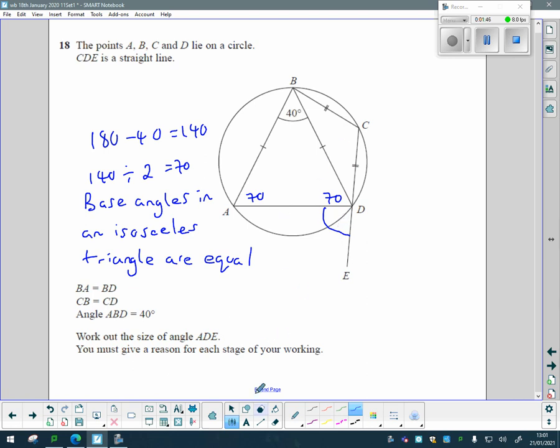Now, the next angle I'm going to add to the diagram is 110 here. And that is because we've got a cyclic quadrilateral. So I'm going to write down that ABCD is a cyclic quadrilateral.